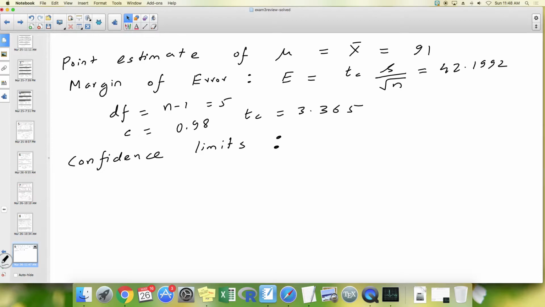And this shall be obviously x bar minus E and x bar plus E, which if you calculate, they come out to be 48.8008 and 133.1992.